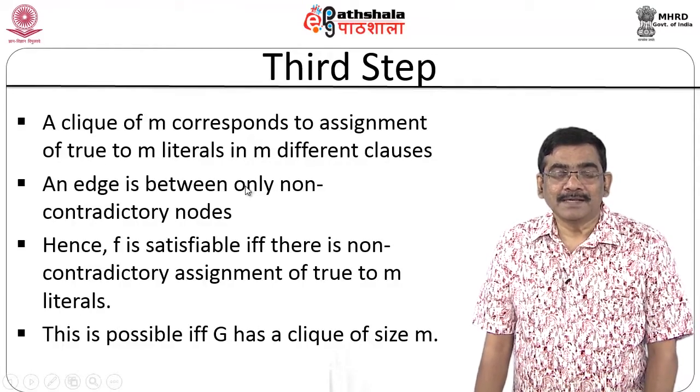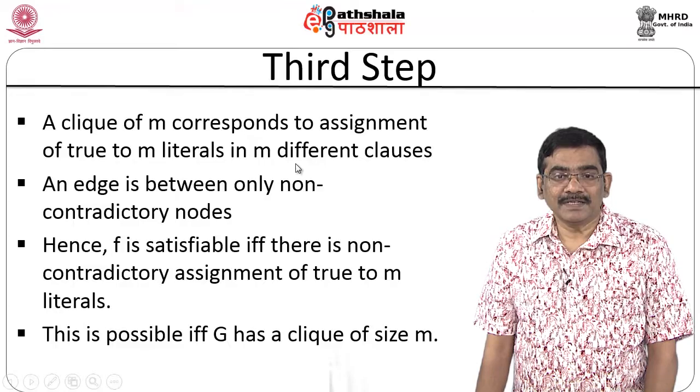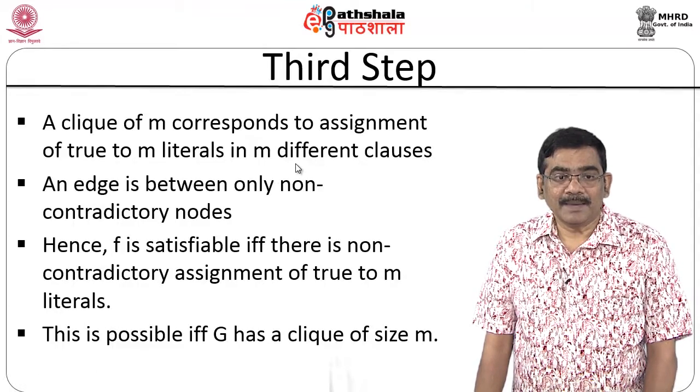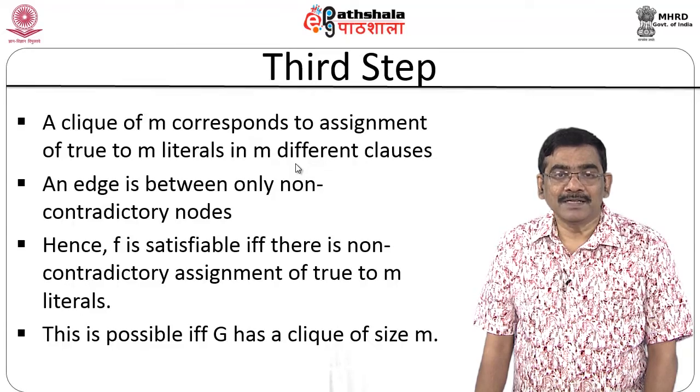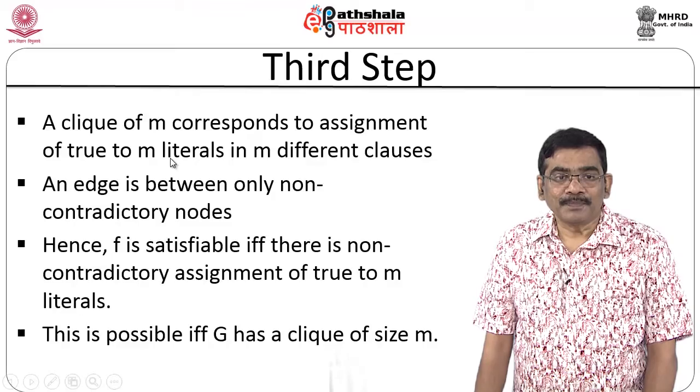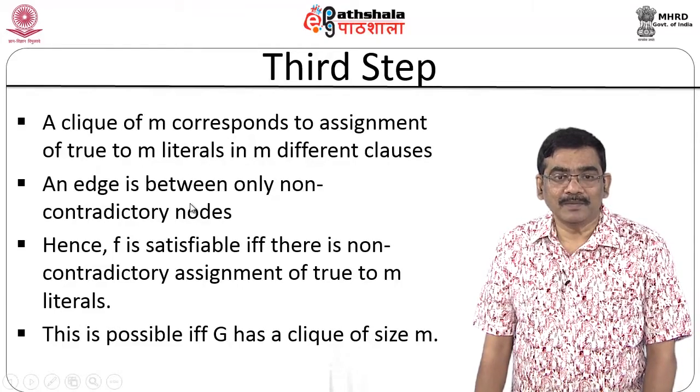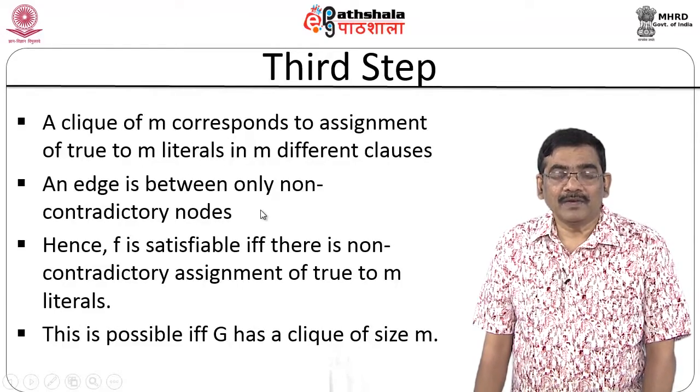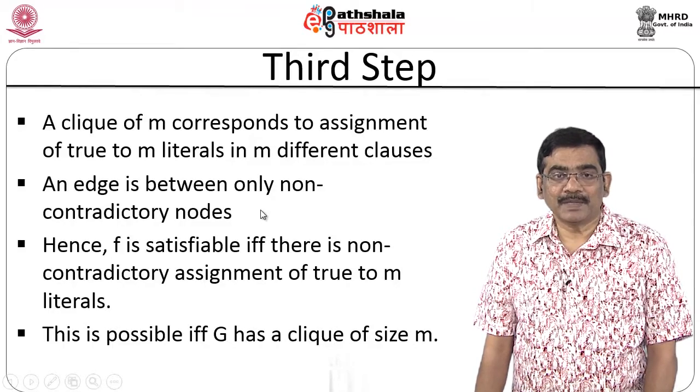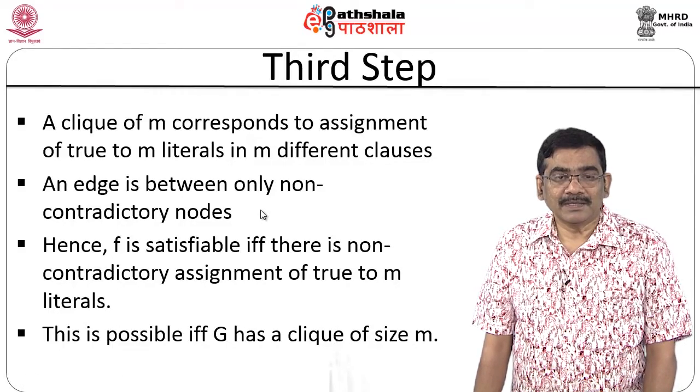Since M different classes are there, at least M literals should be assigned true. In other words, in the graph that corresponds to a clique of M, and also you can recollect that the edge is always between only non-contradictory nodes. So, we are not connecting x to x bar.